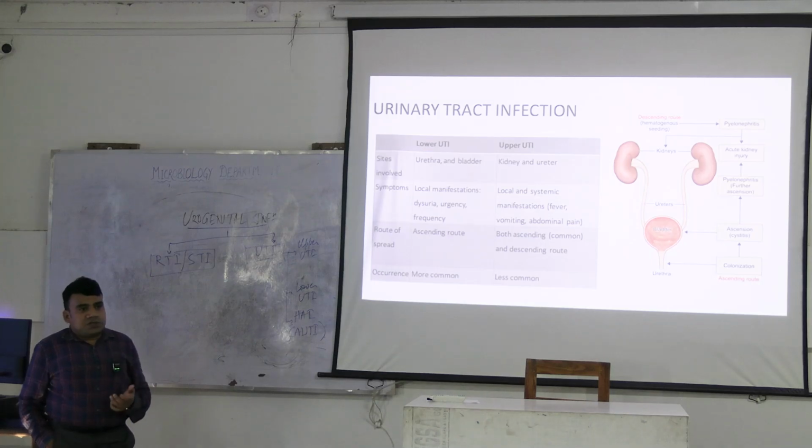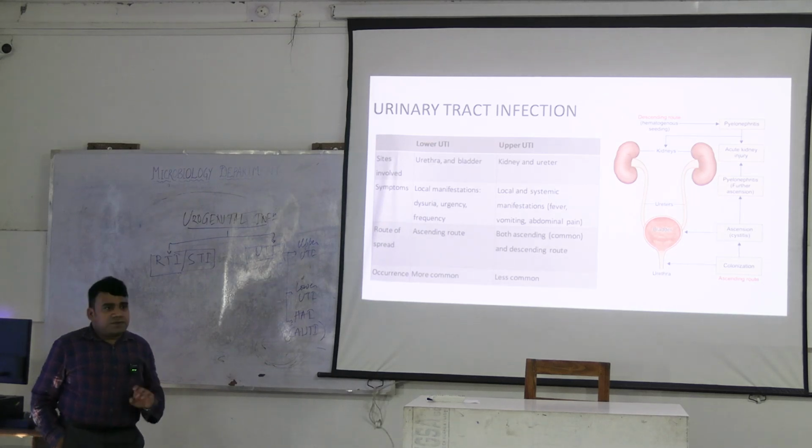The urine flows through the urethra. If there is inflammation in the mucous membrane lining of the urethra, there will be pain during urination, because the urine has a low pH. Low pH will obviously irritate the urethral mucosa, and the patient will complain of pain or burning sensation during urination. That is the symptom of urethritis.